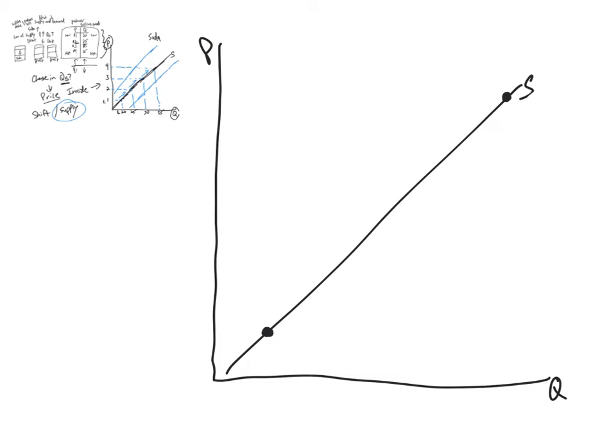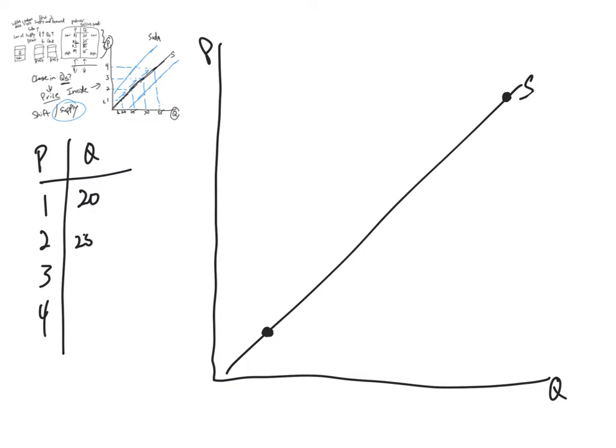And in this one, what I'm going to do is recreate this graph that we had before, with price and quantity. We took a look at a few different prices and then a few quantities associated with those prices.